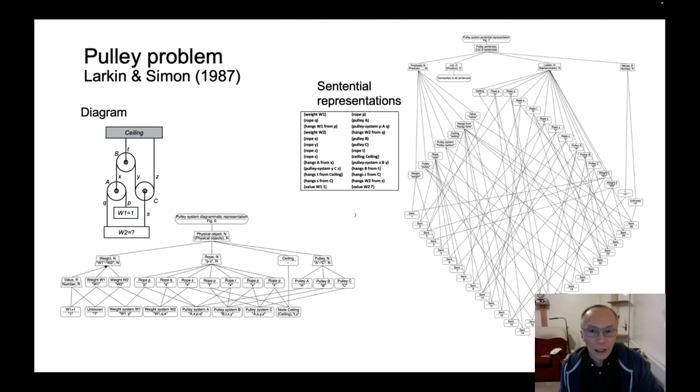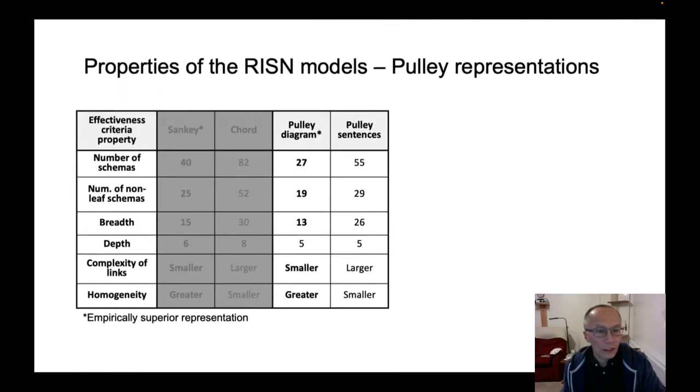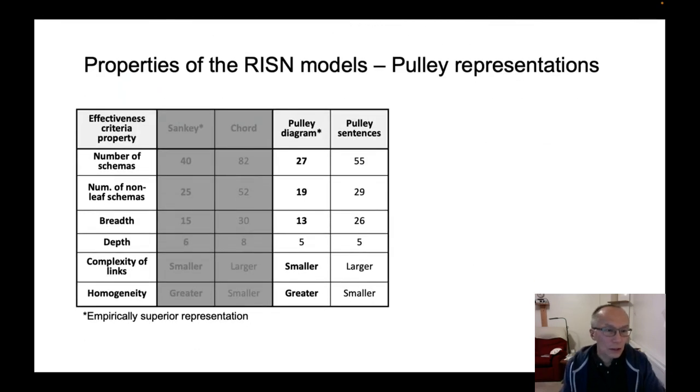It's clear that the model for the sentential representations is much more cluttered, but again, some of the detail of the model has been omitted, this time just for the sake of readability. Quantifying these in terms of the criteria, we again see that the pulley diagram is superior on almost all of the criteria compared with the sentential representation.